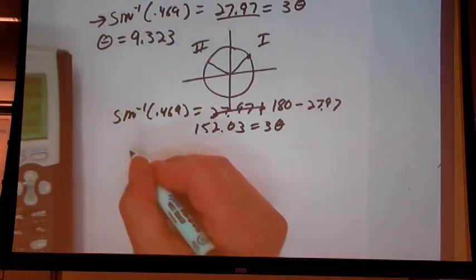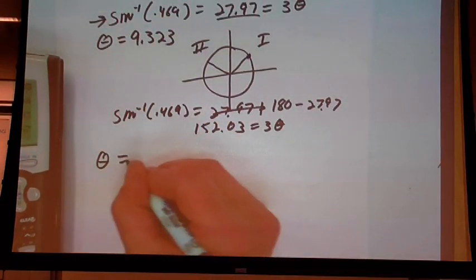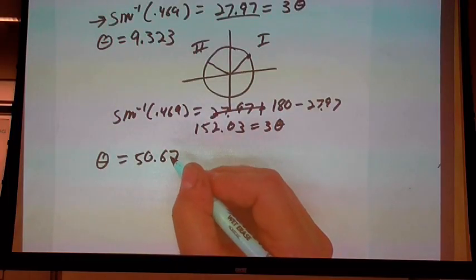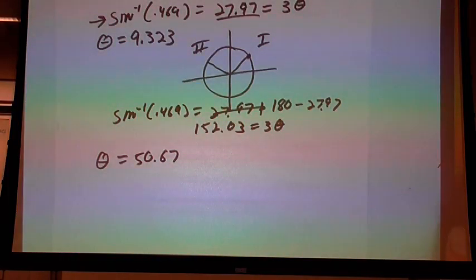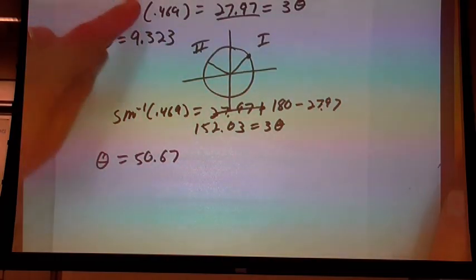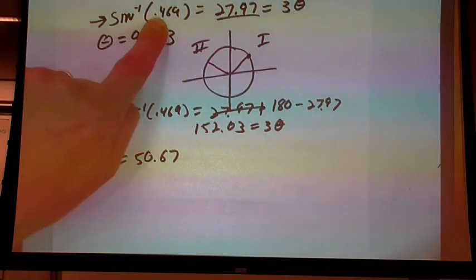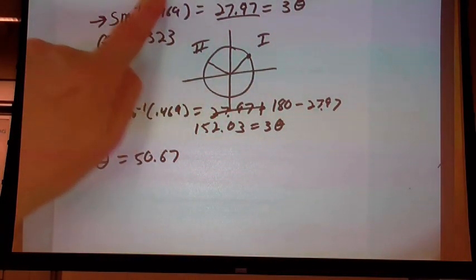And that's another value, 50.67. Okay. So this is working okay. We're finding where the sine of something is 0.469, and then we divide it by 3.